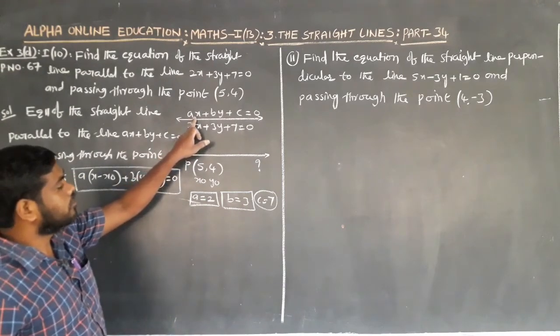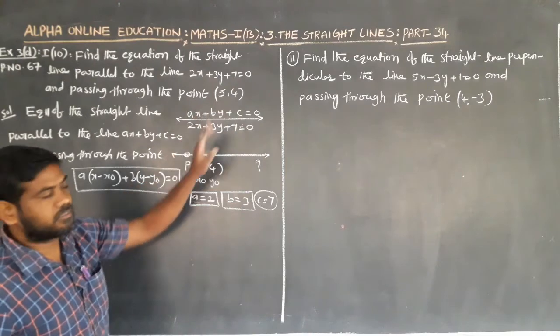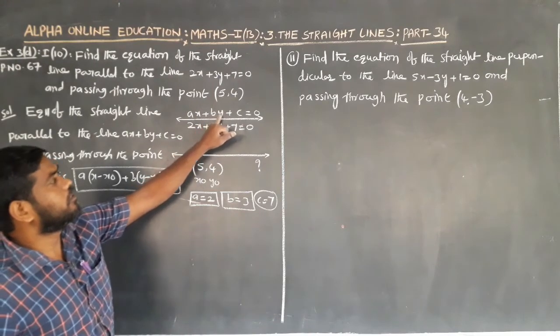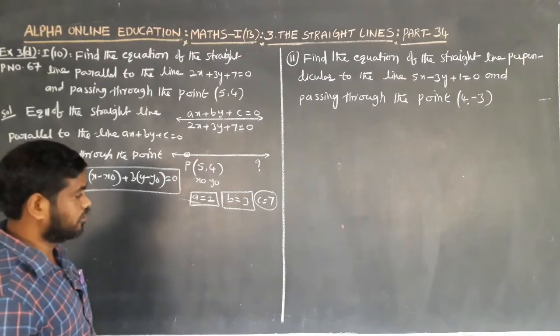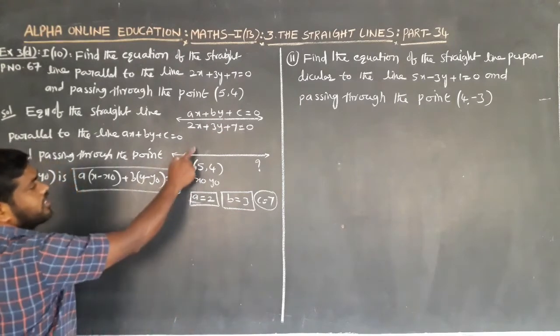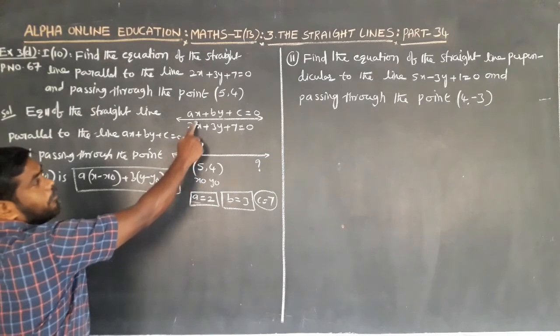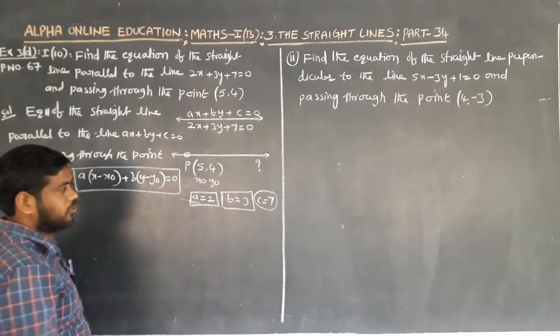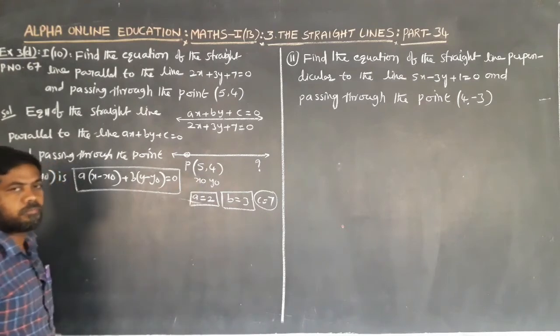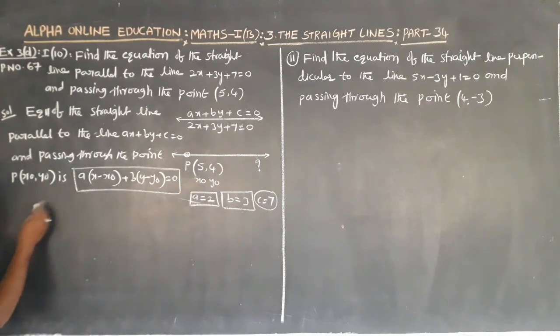This is the equation of the straight line parallel to ax plus by plus c is equal to 0 and passing through the point x naught, y naught.